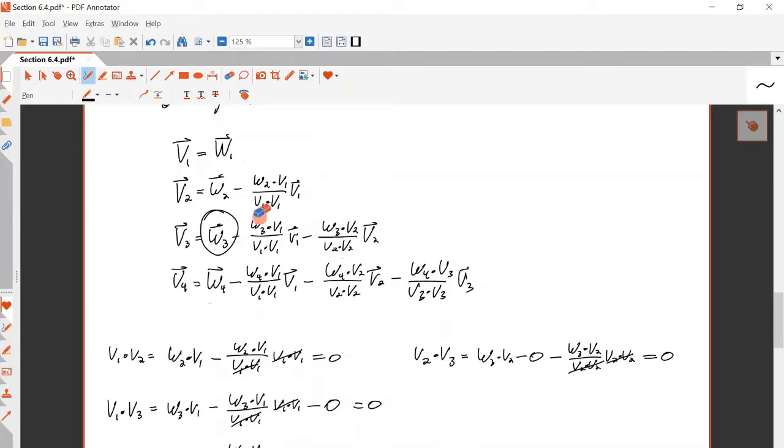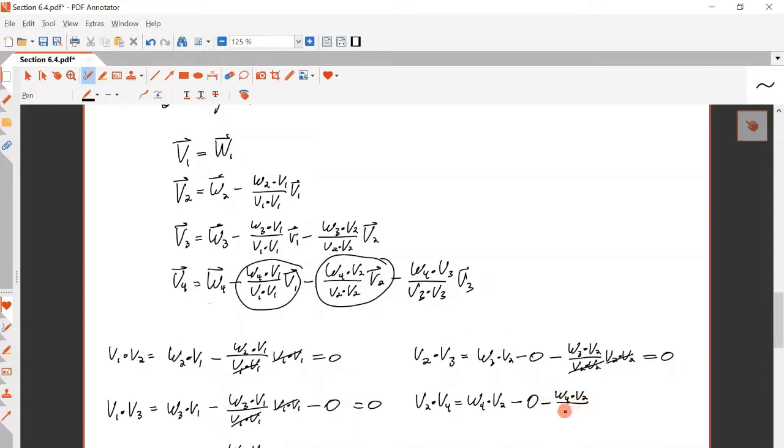Nice. V2 dot V4. So V2 dot W4 minus V2 dot V1, 0, minus W4 dot V2 over V2 dot V2 times V2 dot V2, minus V2 dot V3, 0. These cancel and we get 0.